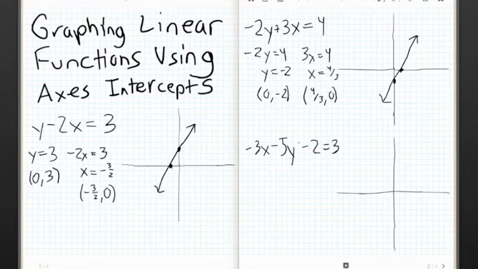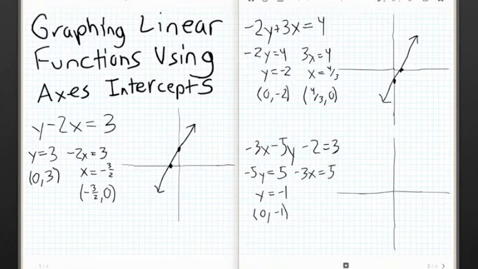Now here's where you save even more time, because this takes many steps to convert into y equals mx plus b. If we just set x equal to 0, we're left with negative 5y equals, we'll move the 2 over, so it'll be negative 5y equals 5. Y is negative 1, so we have 0, negative 1. And if we set y equal to 0, we'll have negative 3x equals 5.